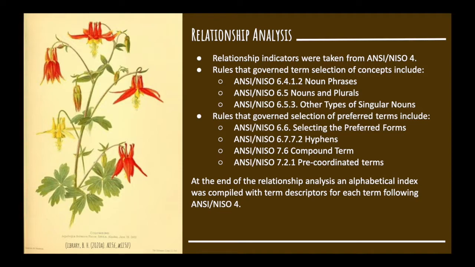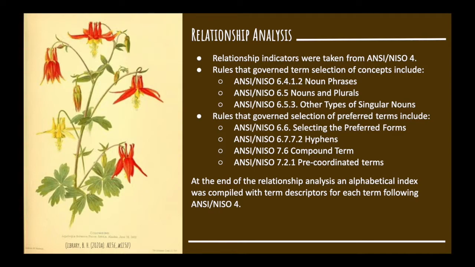We use the standard broader term, narrower term, related term, use, and used for relationship indicators from the ANSI-NISO standard. And similarly, we use the ANSI-NISO rules to govern the selection of concepts and terms. The specific parts of standards we used are listed here.